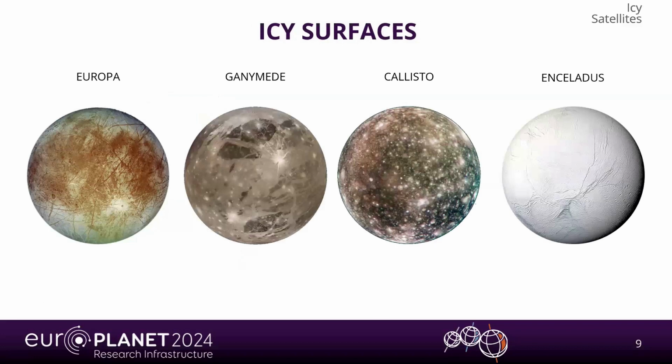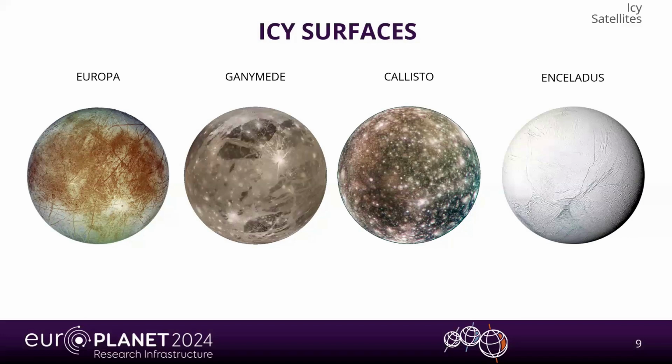Indeed, the surfaces of many icy satellites, here, for instance, Europa, Ganymede, and Enceladus. Enceladus is well known for its tiger stripes that are deformation structures at its south pole. So these three, Europa, Ganymede, and Enceladus, are examples of icy satellites strongly deformed by tectonic activity.